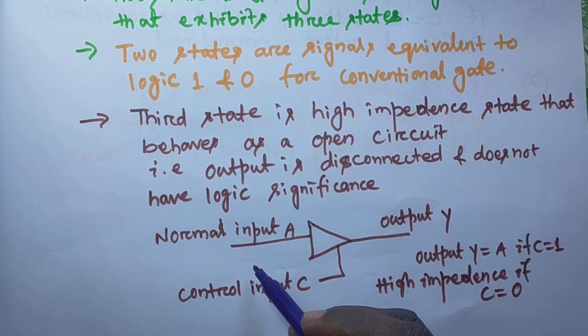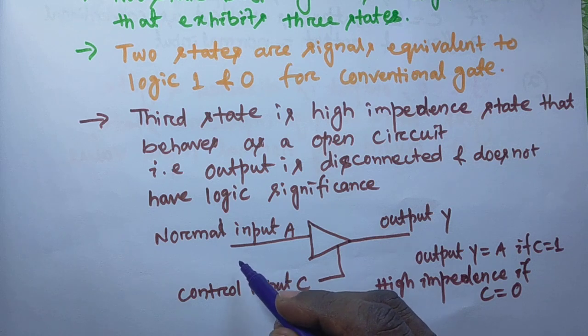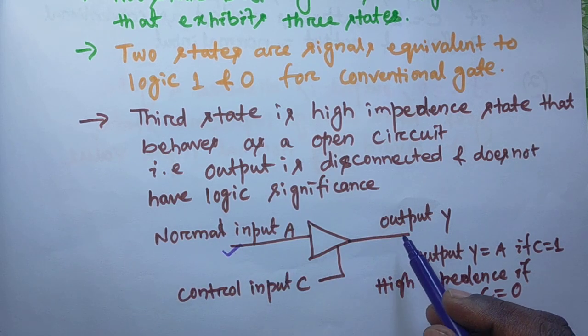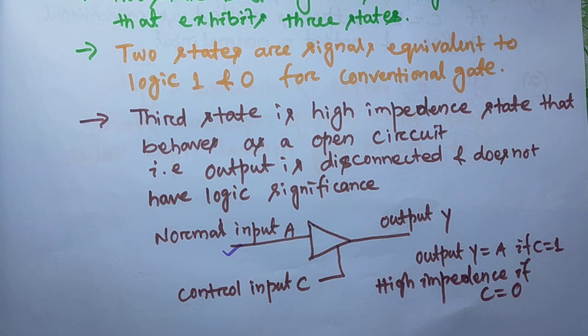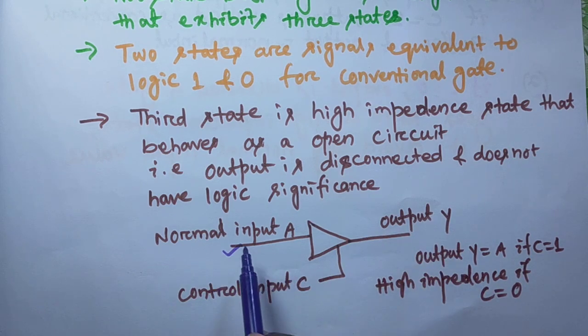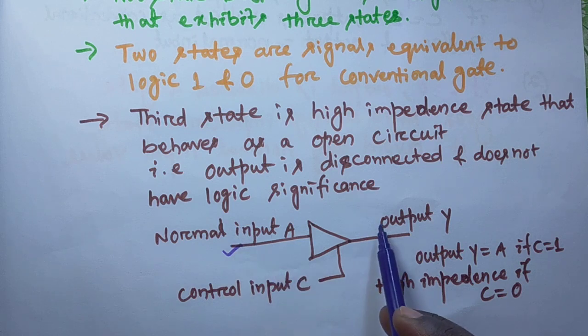One state is a normal input that we provide here, and accordingly we get the output. There is no problem, because whatever normal input we provide, we get the output, so these are the two states.